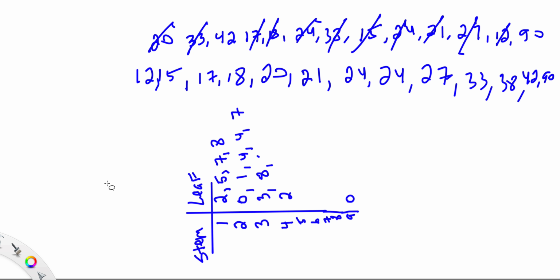So a stem and leaf plot lets you visualize data. Its purpose is to kind of see things visually, kind of like a histogram. So you don't really add up the numbers unless they're asking you to do something like that.